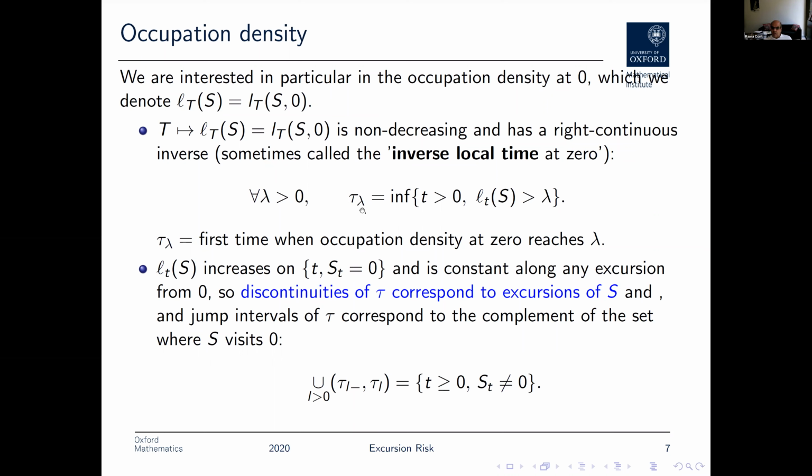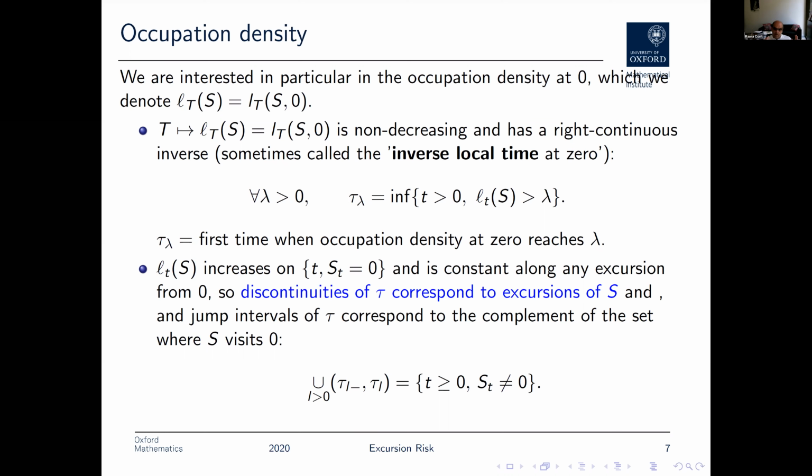This quantity is sometimes called the inverse local time at 0. And it is really the first time at which the occupation density at 0 reaches lambda. So remember, the more we wait, the more you can go through 0. And every time you go through 0, you increment L_t, the occupation density at 0.